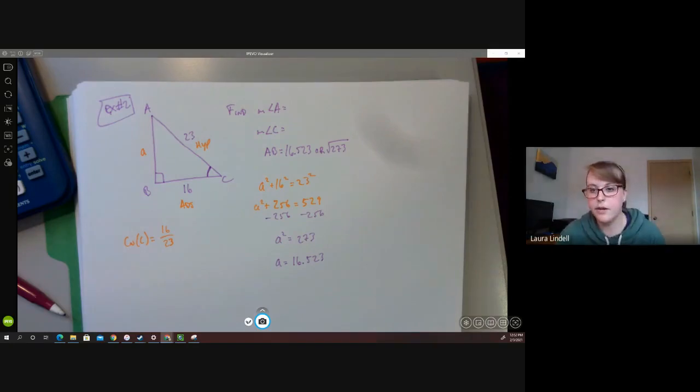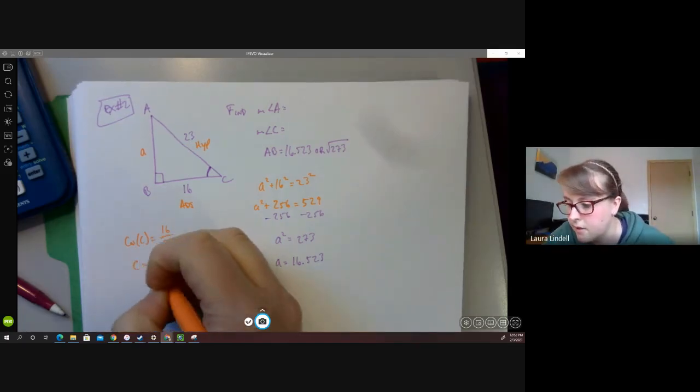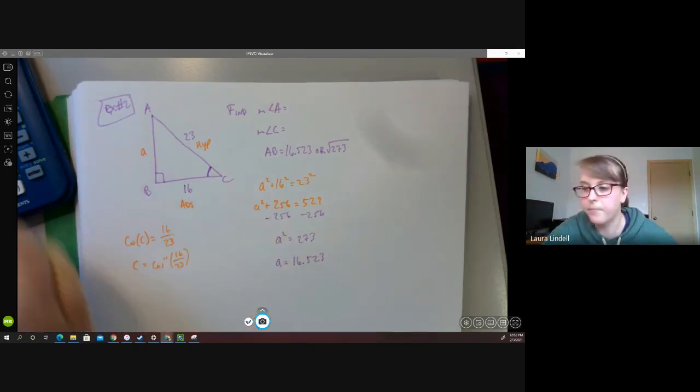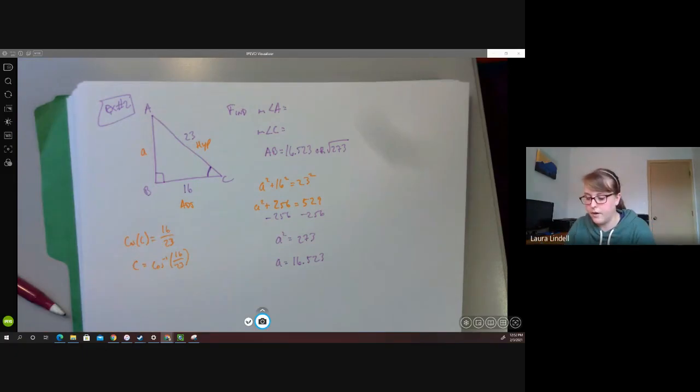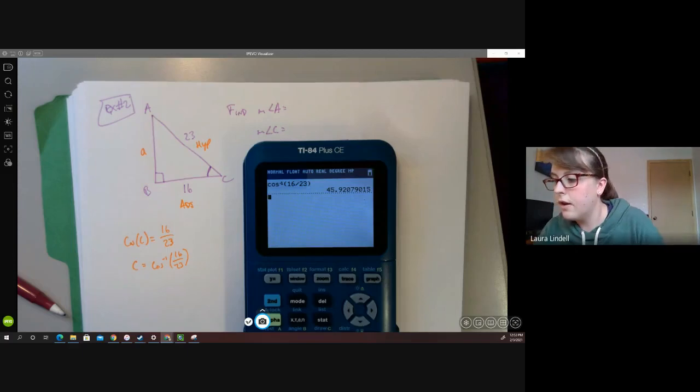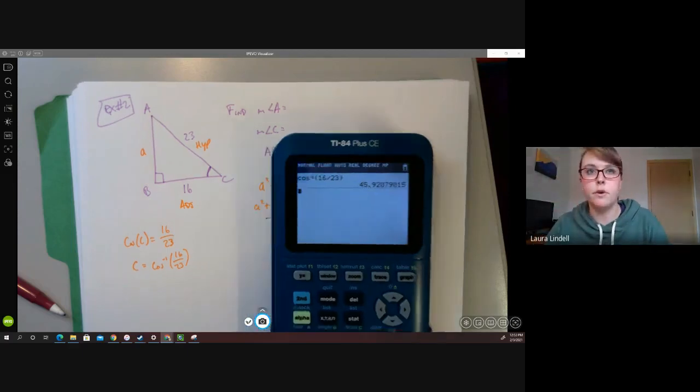And then just like we did yesterday, we're solving for that by using inverse cosine. So we'll take the inverse cosine on both sides to get that C is inverse cosine of 16 over 23. On your calculator, it's usually a secondary function, second cosine 16 over 23. And we get 45.921 degrees.